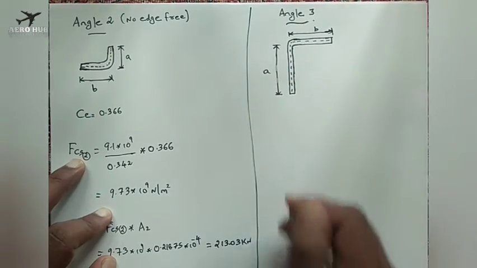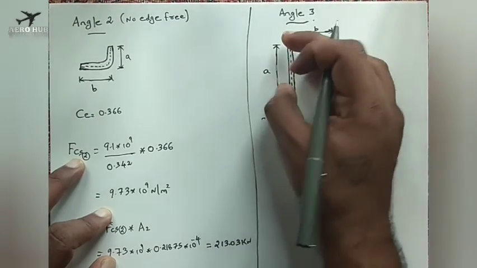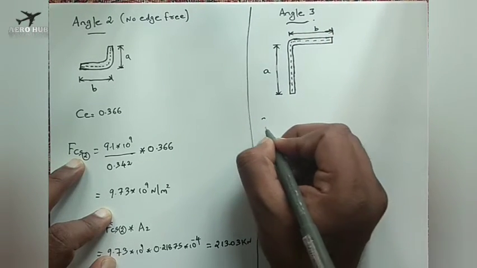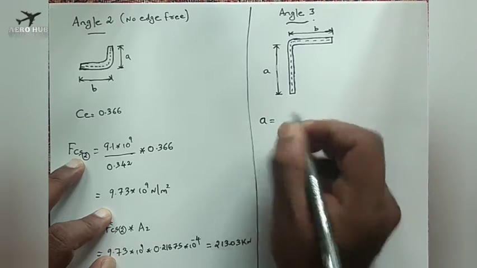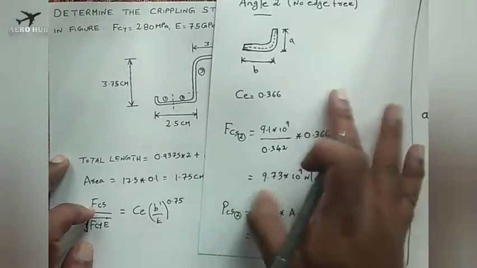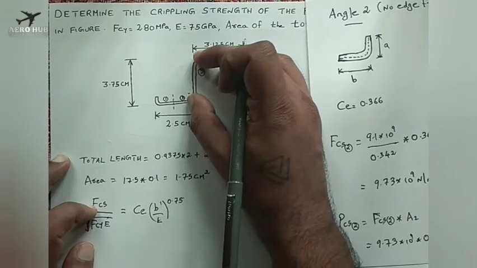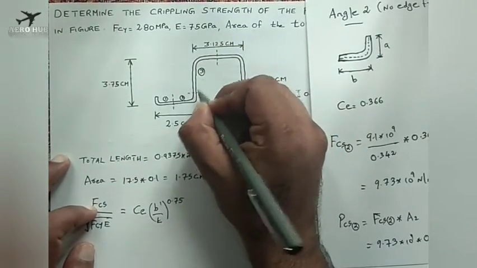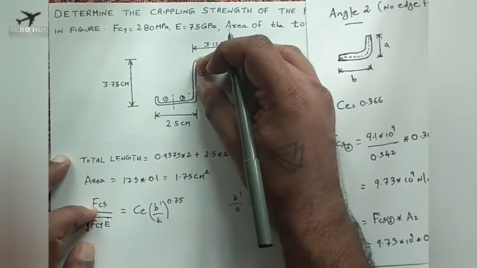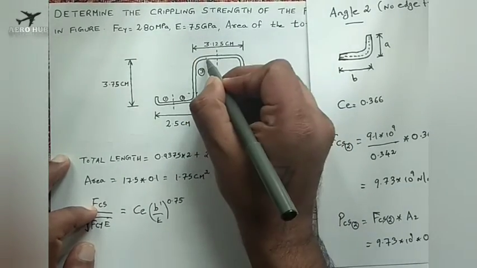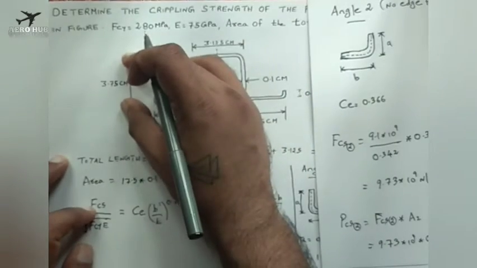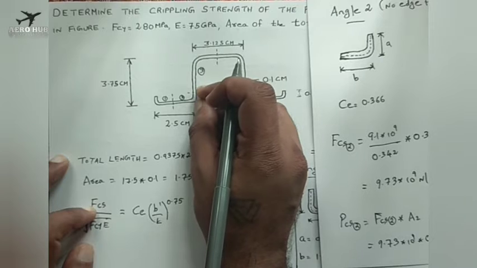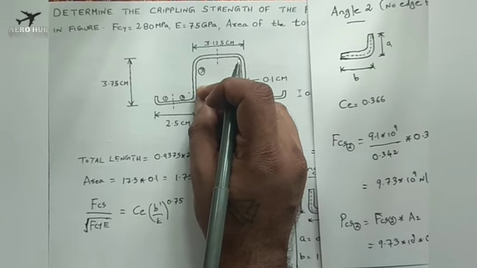Okay, now what's the value of A? What's the value of the dimension here and here? You can see the total vertical height is 3.75. The angle 3 is from this length to this height. So that will be 3.75 minus 0.9375, that is the vertical height of the angle, minus thickness by 2.